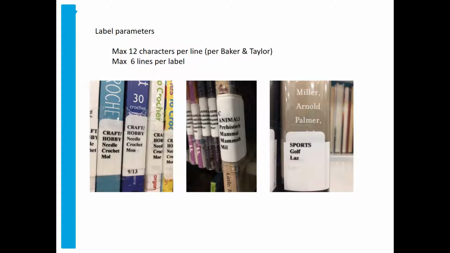However, we had some first level headings like craft hobby that required 2 lines because they would not fit onto 1 line. So we had to also take that into account. But we were trying really hard to not abbreviate or truncate any terms for clarity's sake. However, it did happen in a couple of areas.